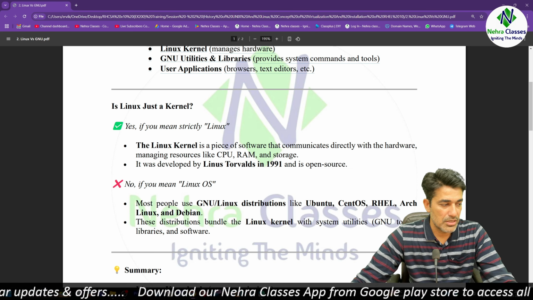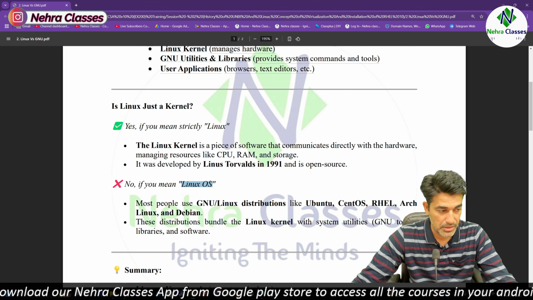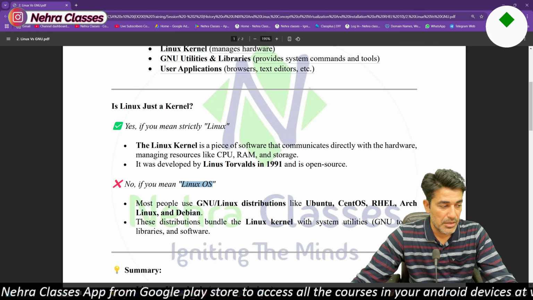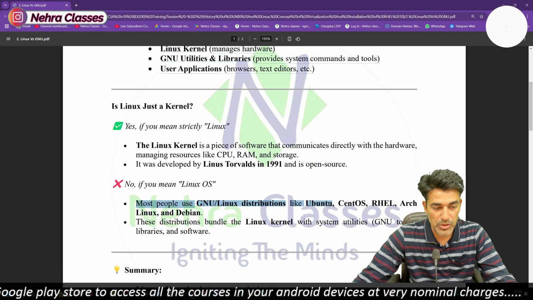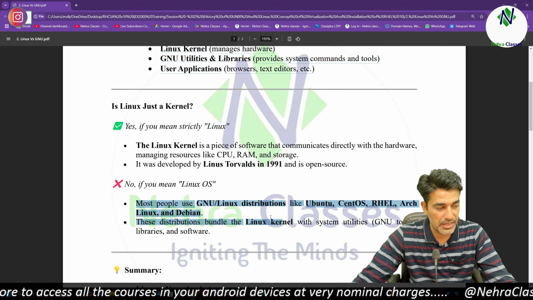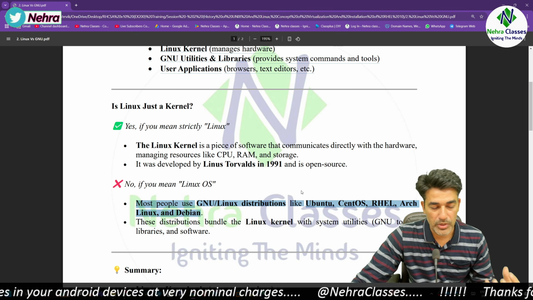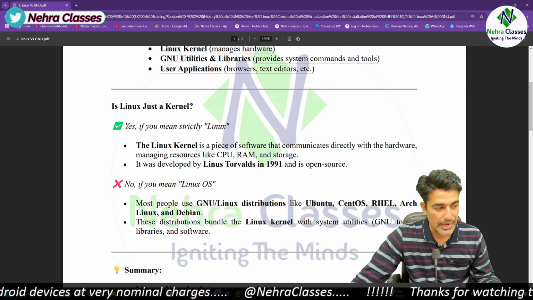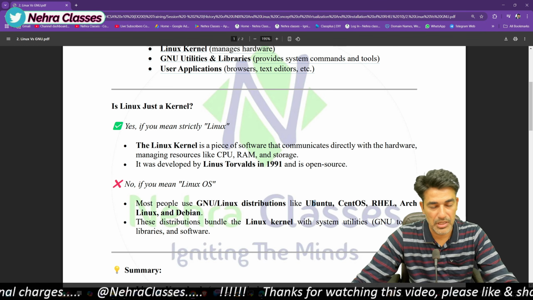Linux is not the Linux OS. Most people use GNU or Linux distributions like Ubuntu, CentOS, RHEL, Arch Linux, and Debian. So if I'm saying Ubuntu, Ubuntu means the Linux kernel and the GNU utilities and libraries, a collection of all.